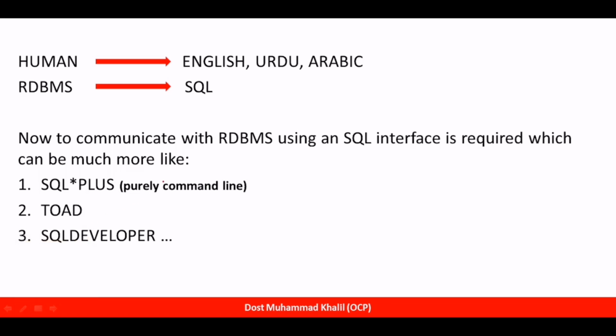That language for databases is called SQL, or Structured Query Language. SQL is a communication language through which human beings interact with the databases. So hopefully you have understood what SQL is. It is a language through which we communicate with the databases, or the relational databases.